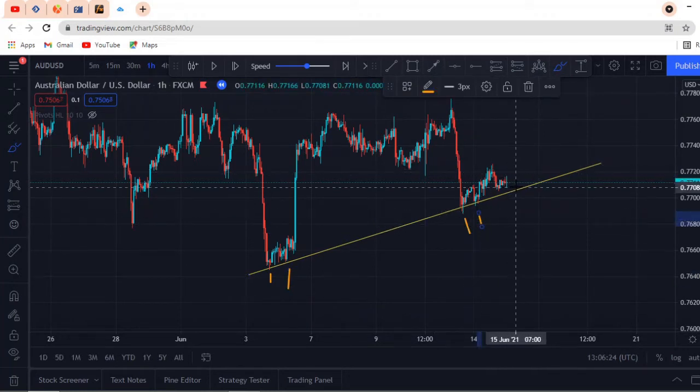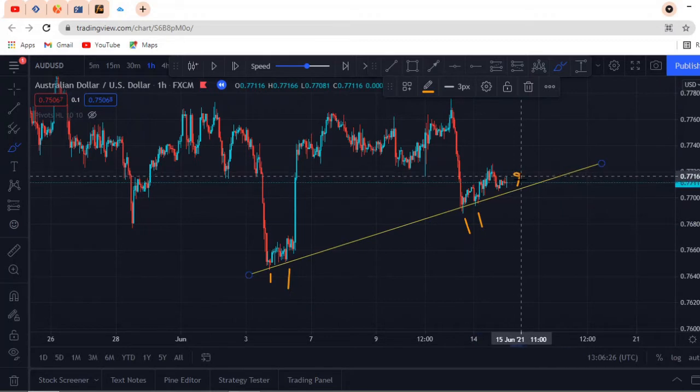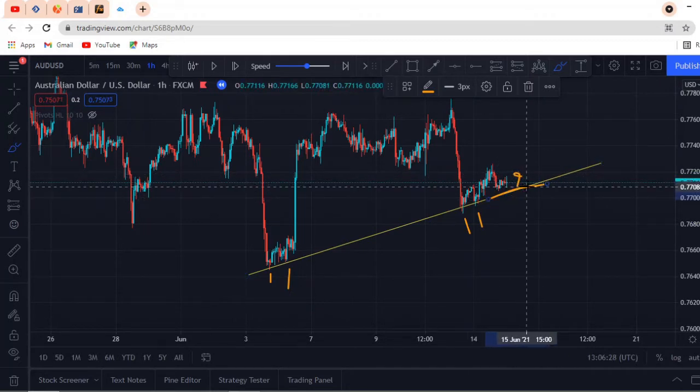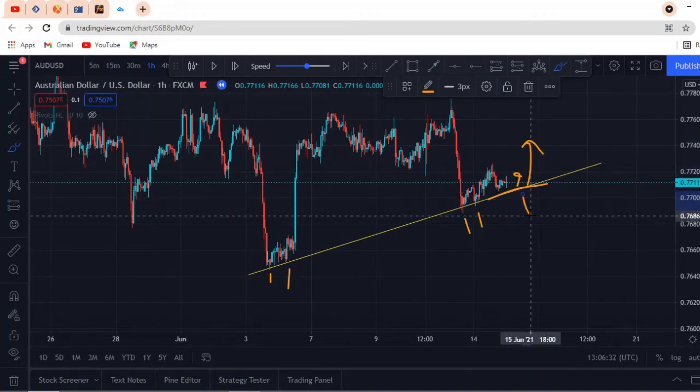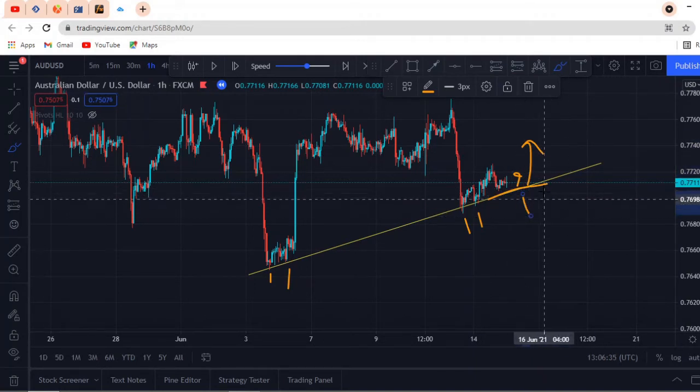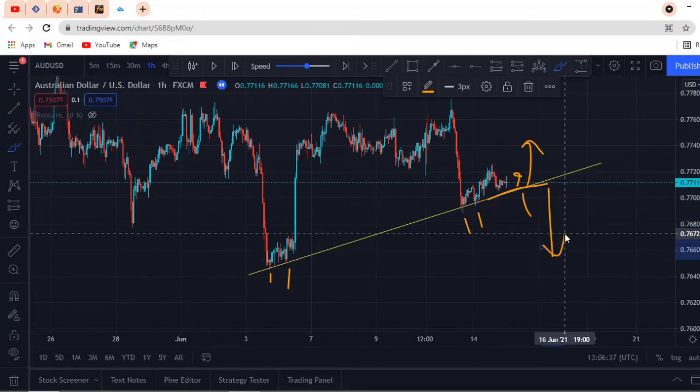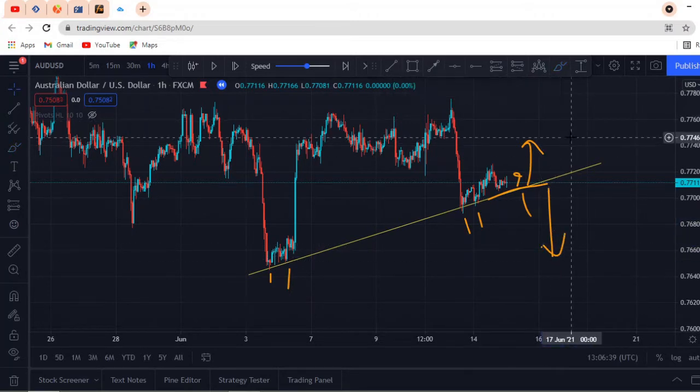As long as we are above this trend line, then we are looking for buying opportunities, and as long as we are below and we've seen some confirmation, then we are looking for selling opportunities.